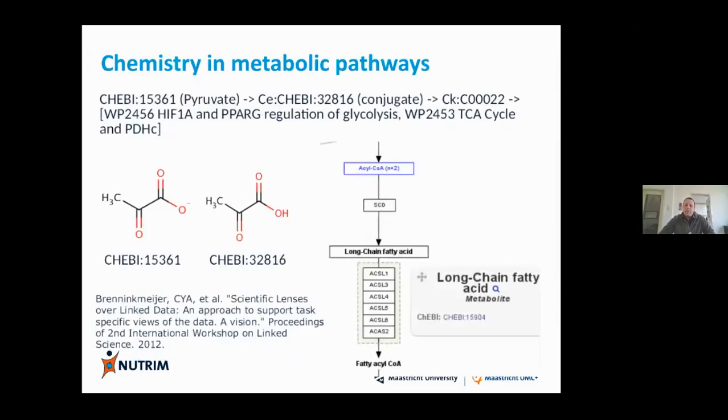Now, we saw in earlier presentations some issues with names of lipids. The same problem we have with identifiers for both metabolites and lipids and classes of things. So long chain fatty acid, for example, is not a single lipid, but actually a whole bunch of lipids.